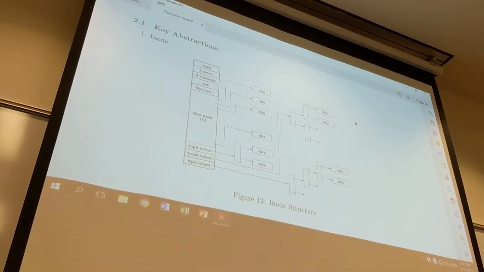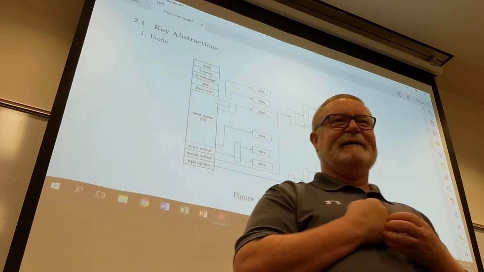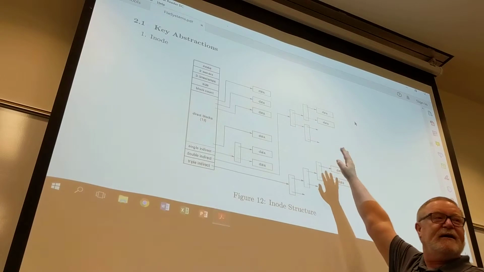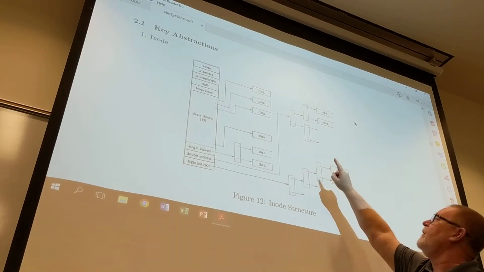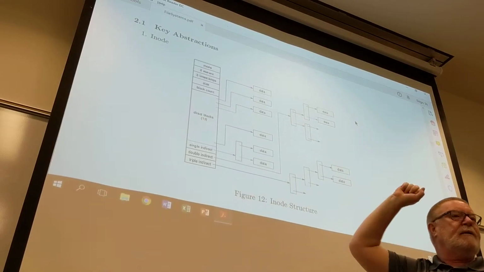So how much data can we point to with a triple indirect block? 4 terabytes. How'd you get 4 terabytes? I just took it up three orders of magnitude from the previous one. Yeah, so what you did was you just saw that it was just doubly indirect blocks, each one of these is one of those. Okay.